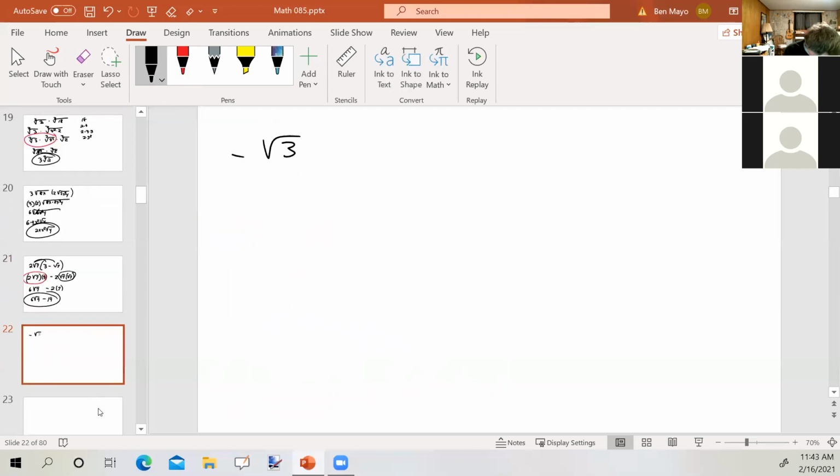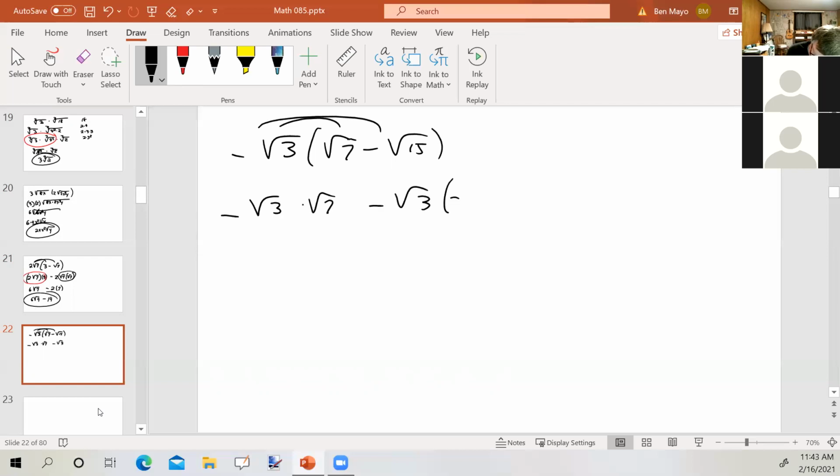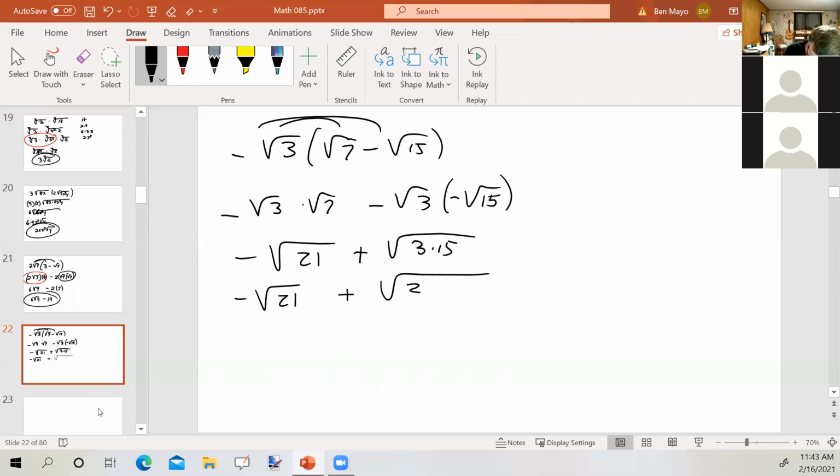Negative the square root of 3 times the square root of 7 minus the square root of 15. Well, that would be negative the square root of 3 times the square root of 7 minus the square root of 3 times negative the square root of 15. This would be negative the square root of 21. I can't do anything there. Negative times negative, this would be plus the square root of 3 times 15, which would be the square root of 3 times 5.